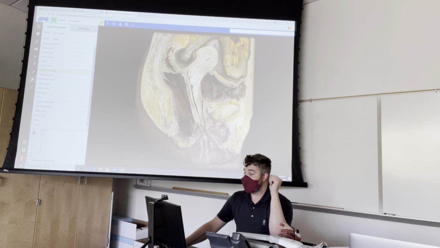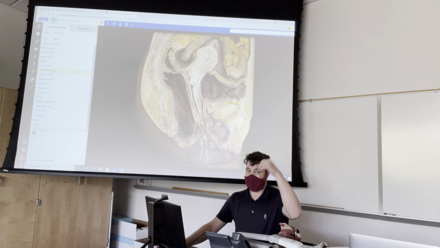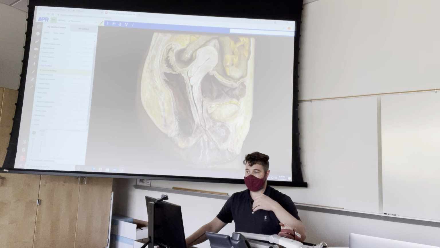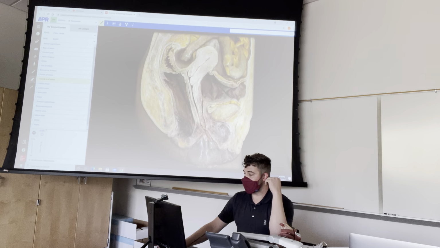The external os is between the cervix and the vagina, so it's outside. The internal os is between the cervix and the lumen of the uterus. So it's inside, it's deeper. To keep those two straight, you have the internal os deeper in the uterus, the external os closer to the exit.